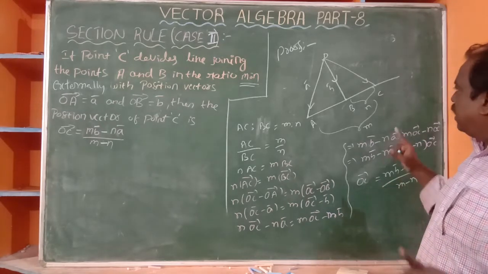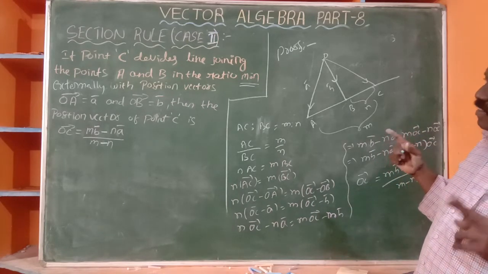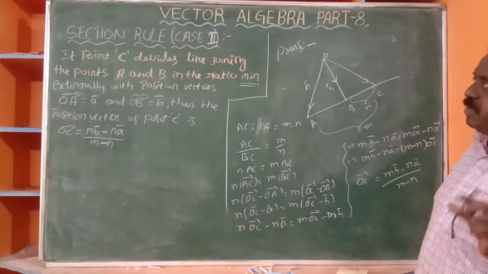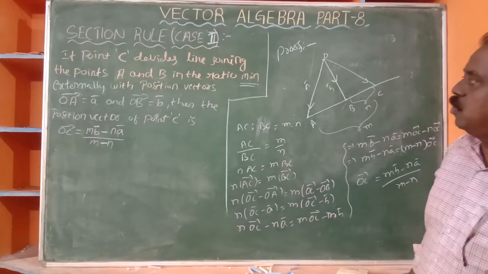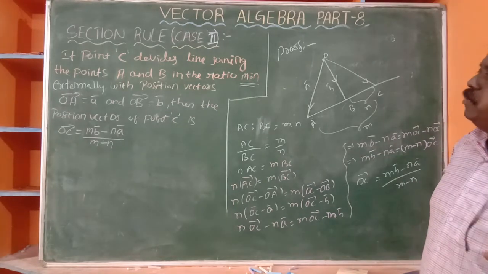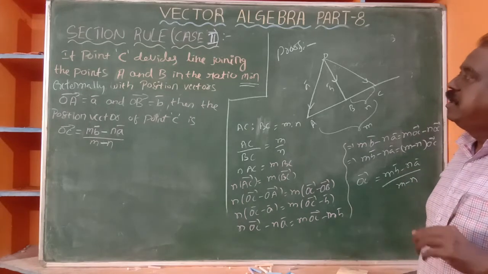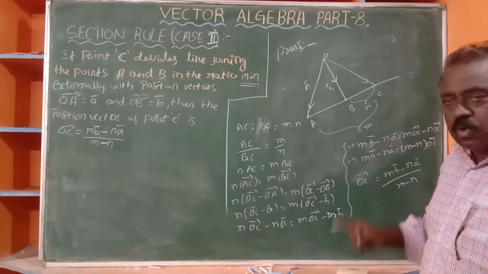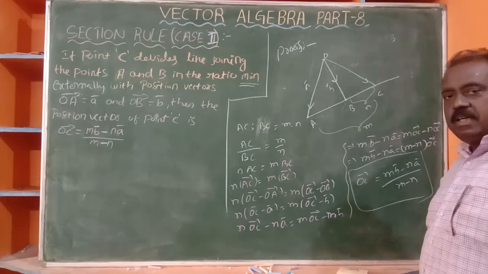Okay, now the diagram differs in the two cases, case 1 and case 2. Steps also are different. If the question is asked to find the section rule, to prove the section rule, or to find the position vector of point C dividing line segment AB in the ratio M to N, then you have to prove it in case 1 and case 2, internal and external.